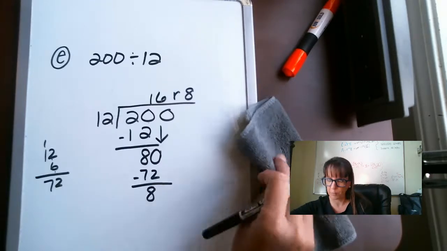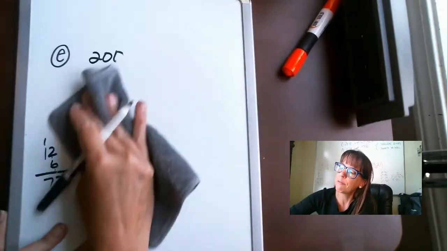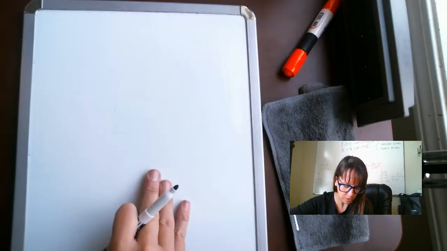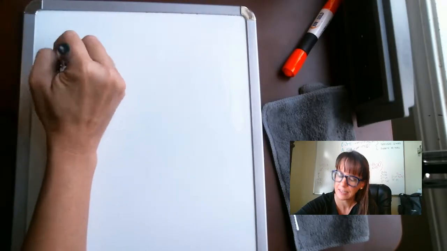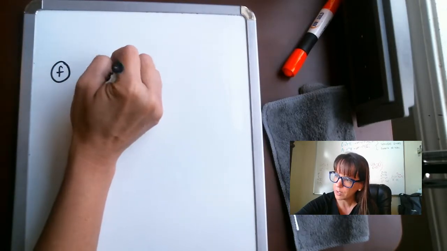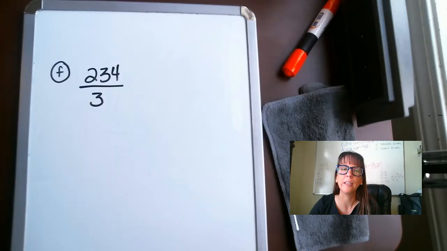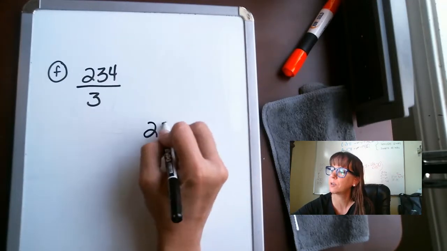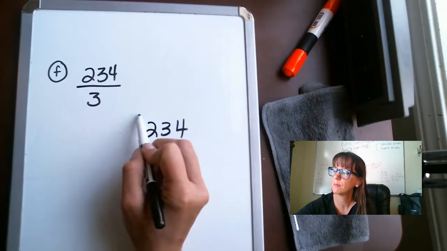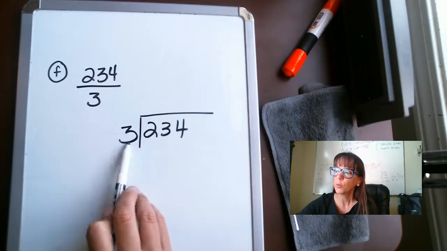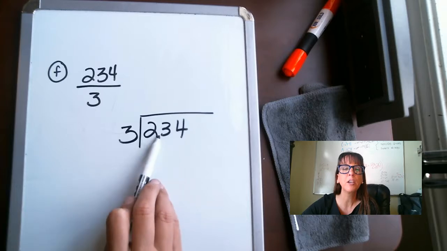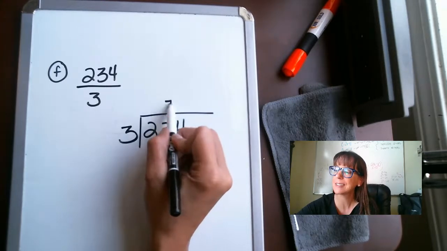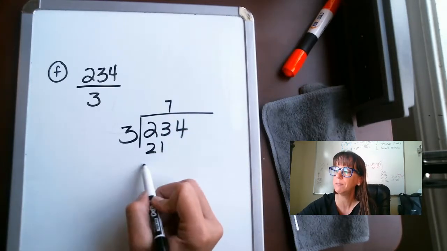Okay, so for F, we have it written as a fraction, because really a fraction, all it is just division. So F is written like this. 234 divided by 3. Now, if it's on top of the table, it's going to go underneath the table in our new problem. So 3 does not go into 2, but 3 can go into 23 7 times, and that'll give us 21.